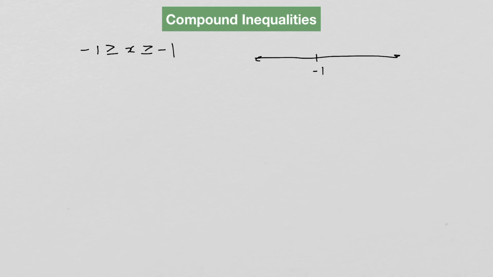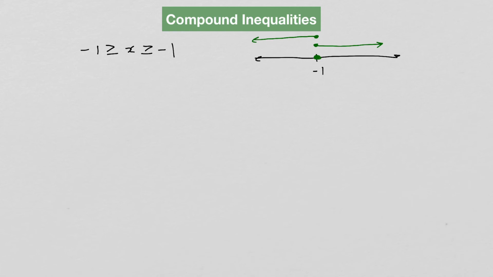X is less than or equal to -1. And then the next one, x is greater than or equal to -1. Because this is a conjunction, meaning both criteria have to be satisfied, the only solution is -1.